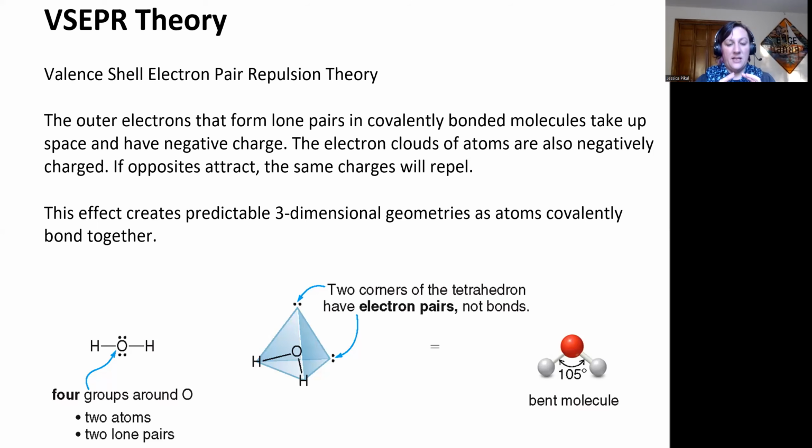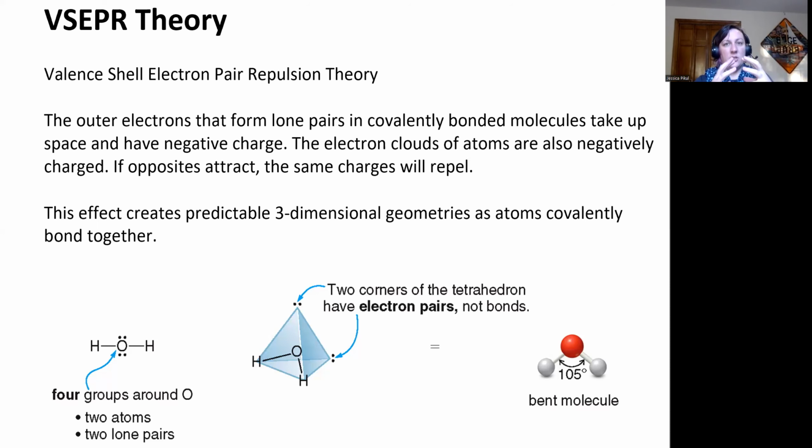That can be the outer electrons of an atom. It can be the lone pair on an atom that's bonding, and those lone pairs can repel each other as well. And so around any central point of a molecule, there'll be these different groups of electron clouds around it from either bonded atoms or lone pairs.